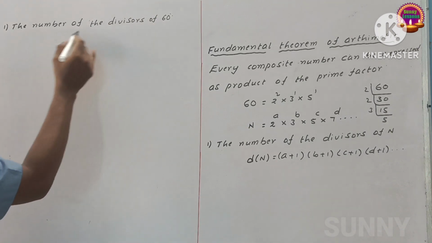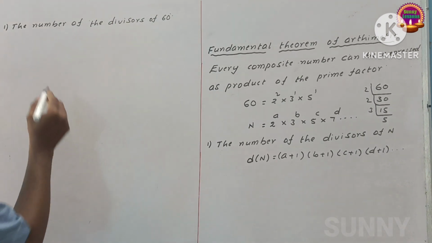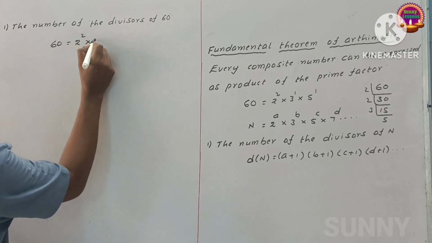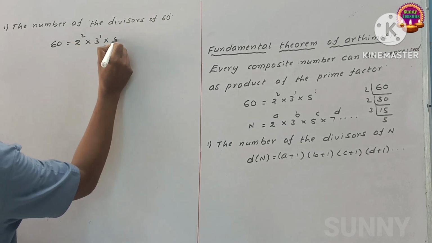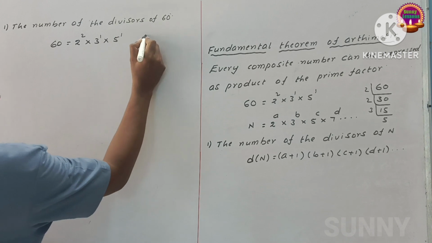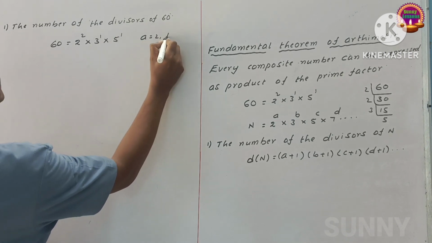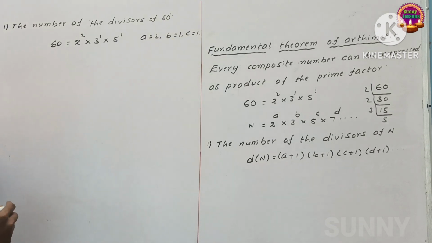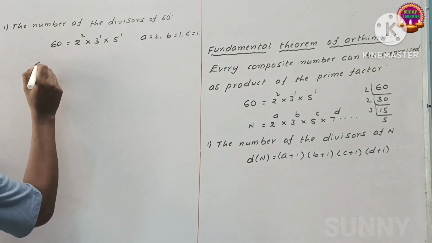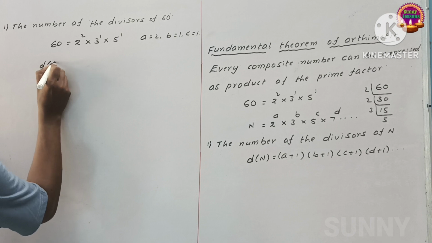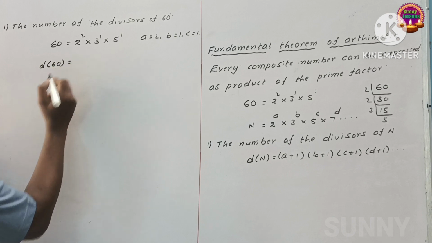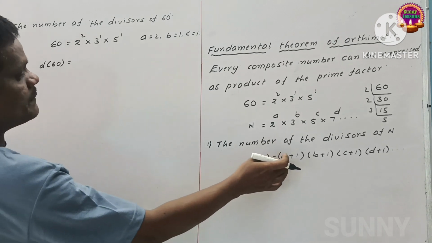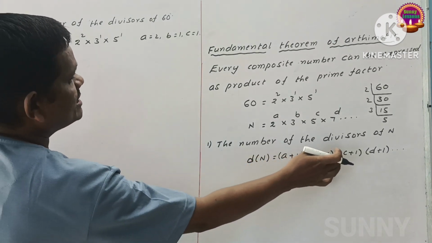For example, the number of the divisors of 60. We can write 60 as 2 square into 3 power 1 into 5 power 1. Here a equals 2, b equals 1 and c equals 1. So d of 60 is (a plus 1) into (b plus 1) into (c plus 1).